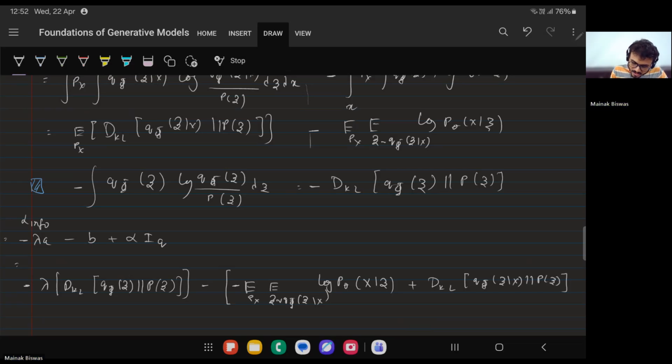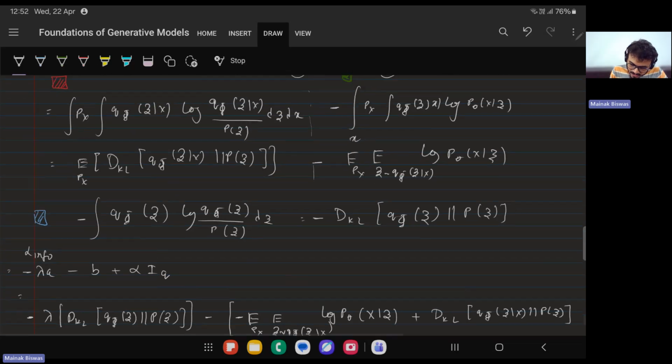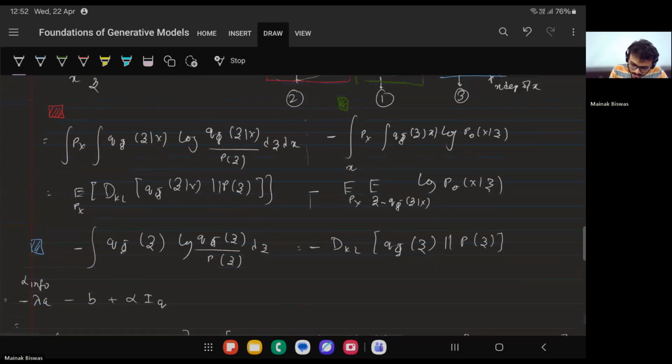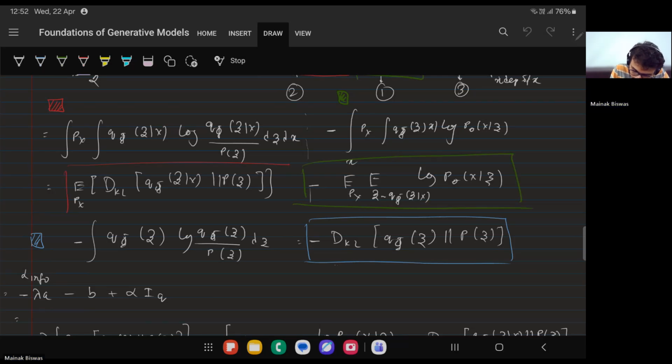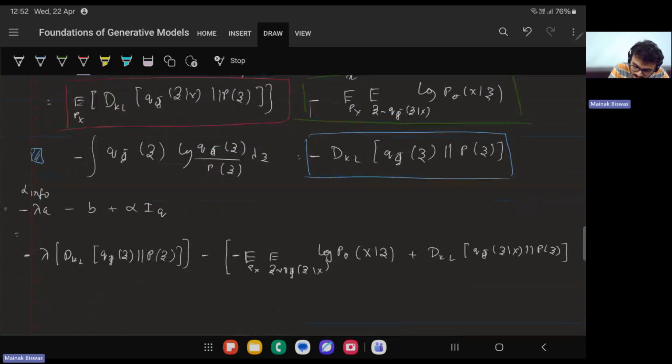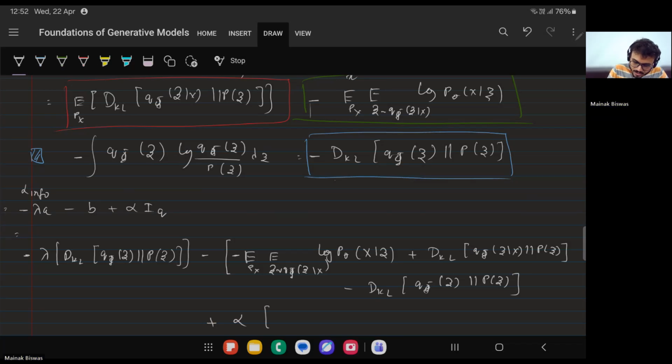And we have one more term, I guess. So I will just put down boxes so that you can understand what terms we have. So these are the 3 terms that I have, correspondingly. Now I will write this as minus DKL of q phi of z and p of z. And I have the mutual information term.